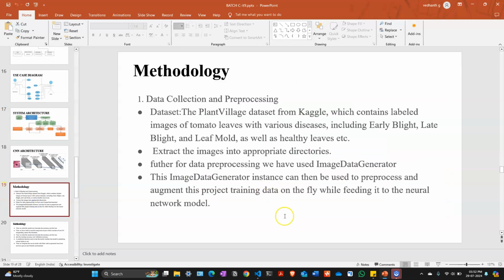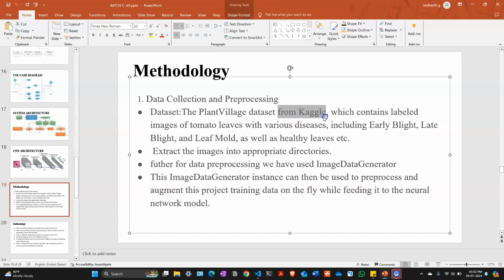Now moving on to the methodology. As I previously mentioned, we have taken the dataset from the Kaggle website. It is called the PlantVillage dataset. It consists of 10 diseases.